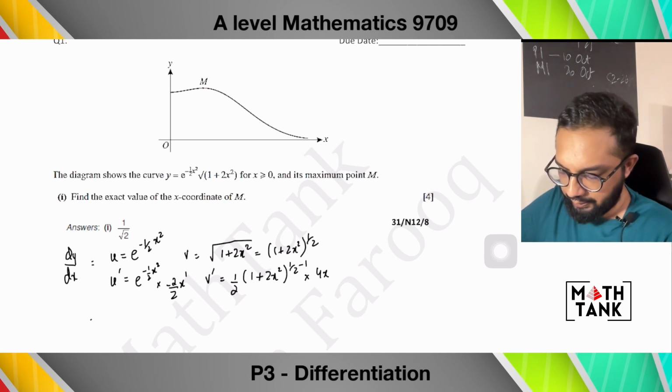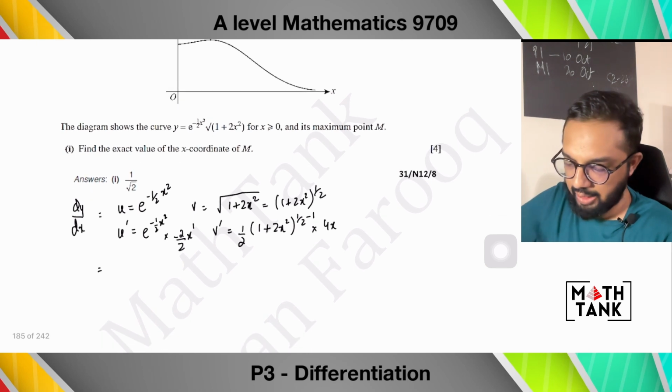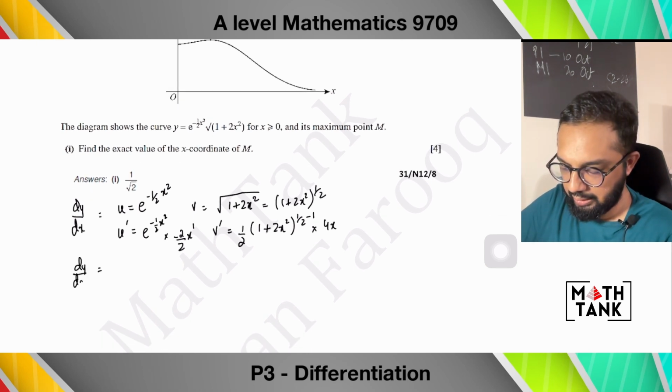4x. So dy by dx is then u dash v plus v dash u. Okay.